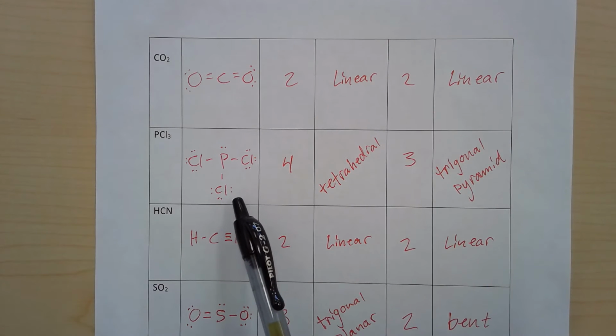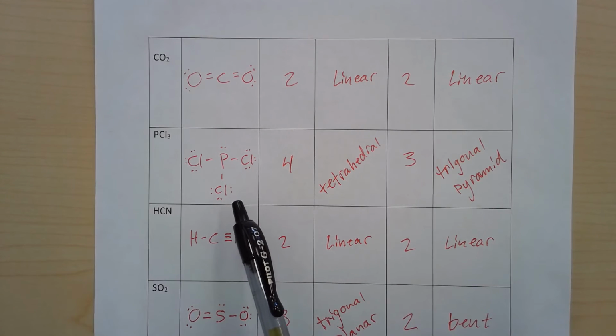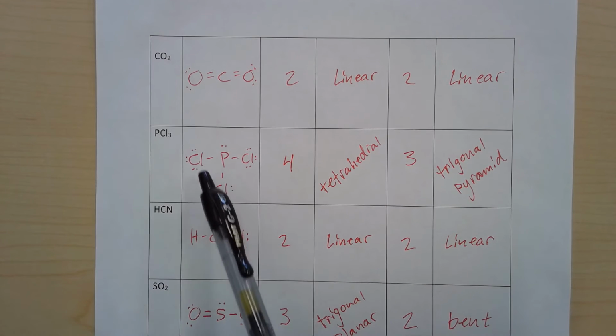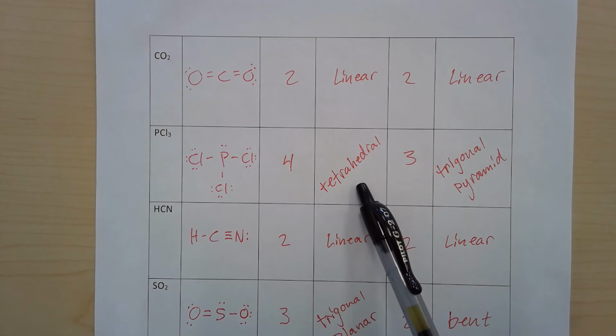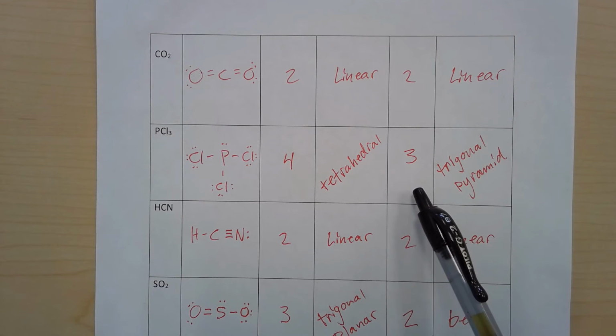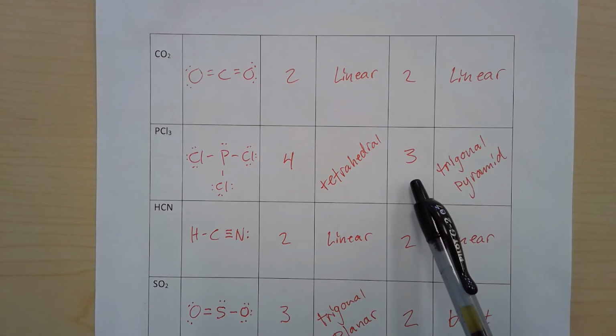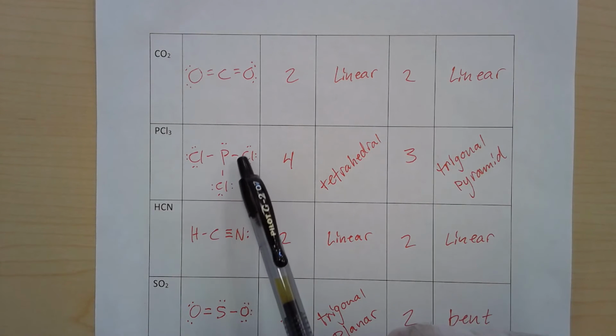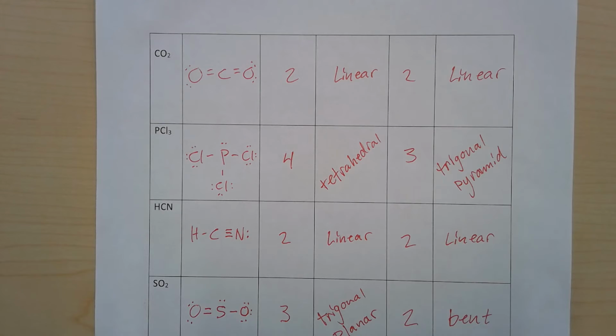We have here in PCl3, phosphorus trichloride, four regions of electron density, 1, 2, 3, 4. That makes it tetrahedral, and its molecular geometry is trigonal pyramidal because only three of those sides are used to make bonds. Okay, and there's one lone pair.